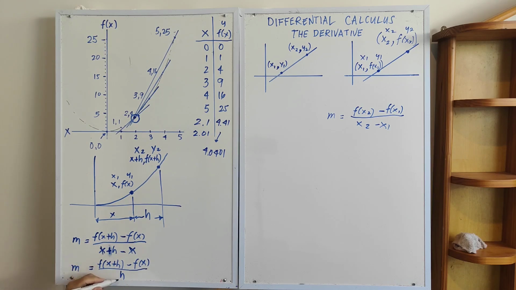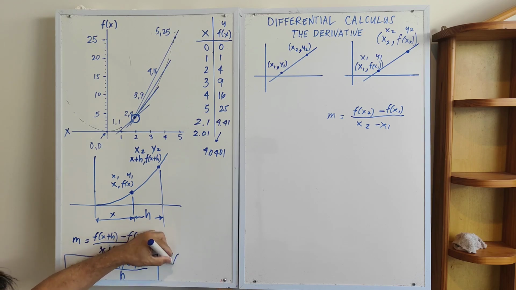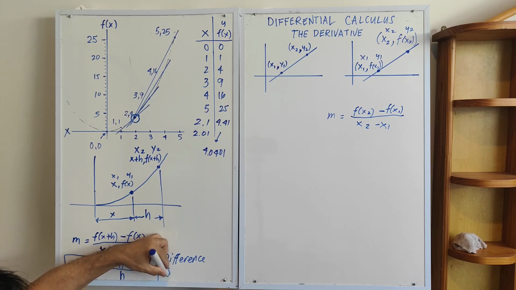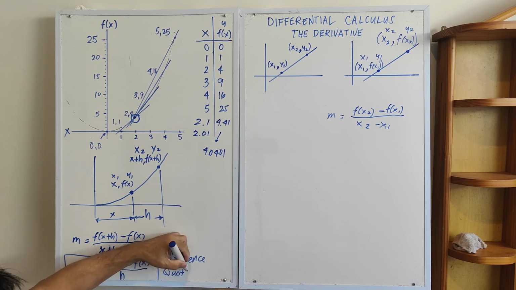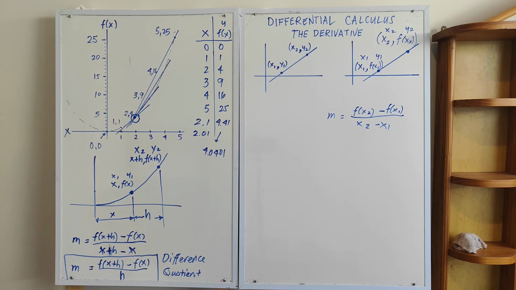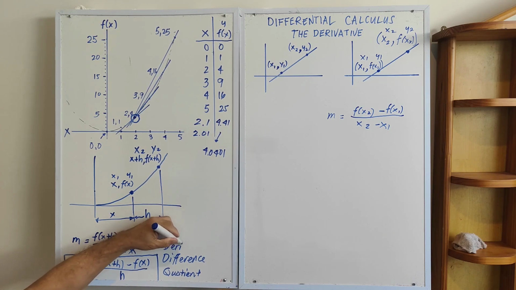What is left in here is h. So this equation is called the difference quotient. This is the slope of the curve, or this is also called the derivative.